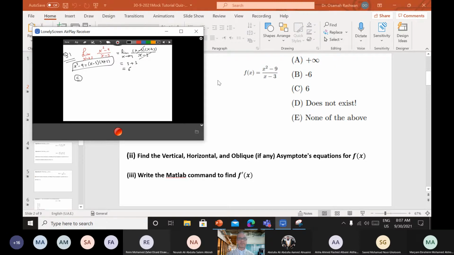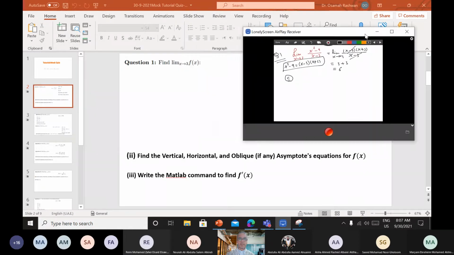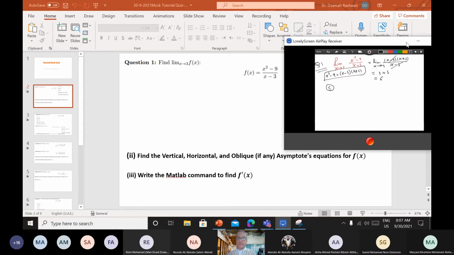Now, can you find the vertical asymptote? Guys, Doctor, the vertical asymptote is what? x equals C. For the vertical asymptote, you put the denominator equal to 0.